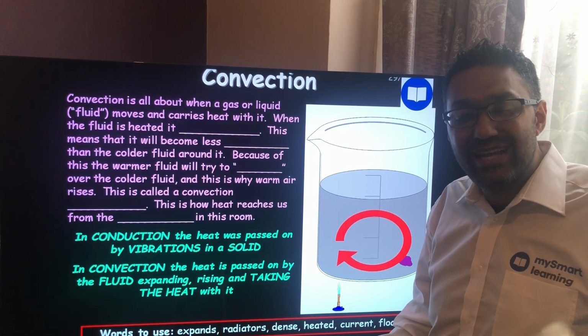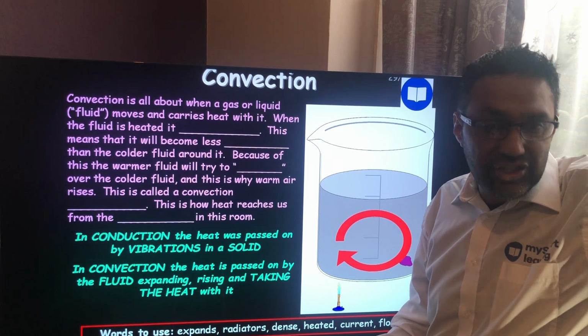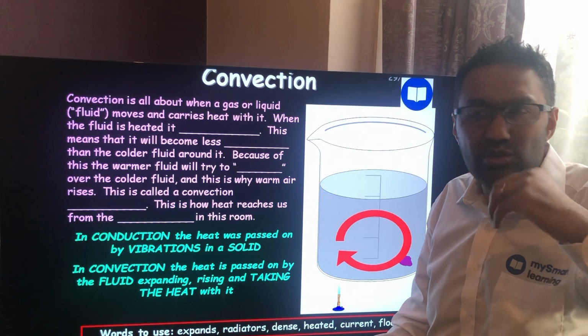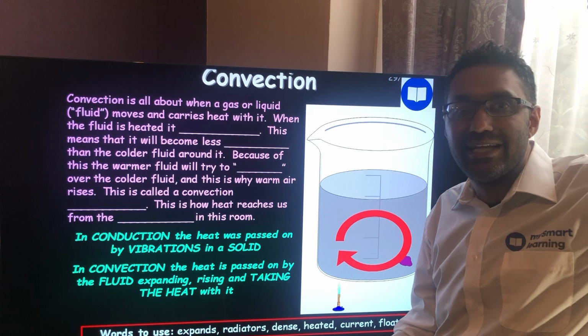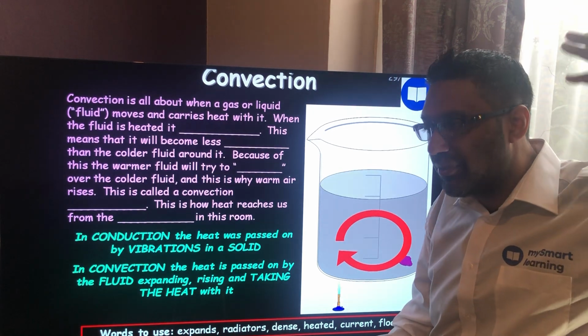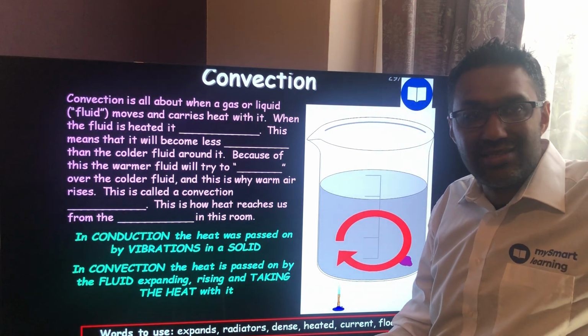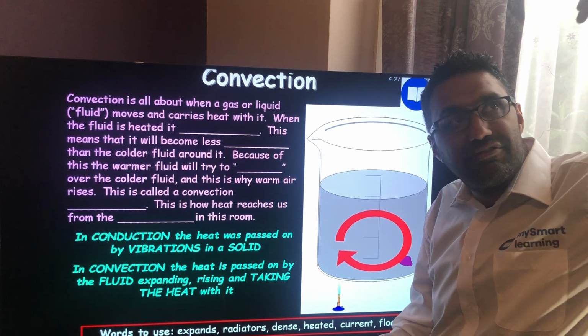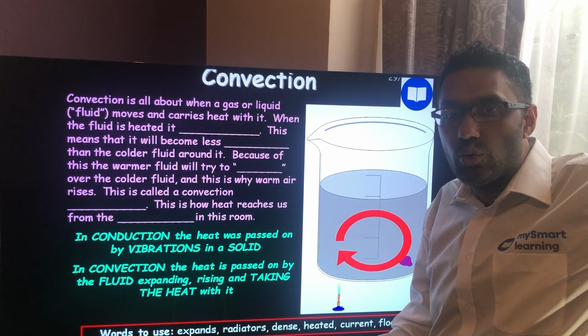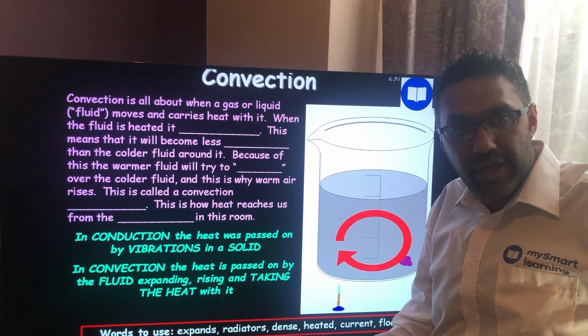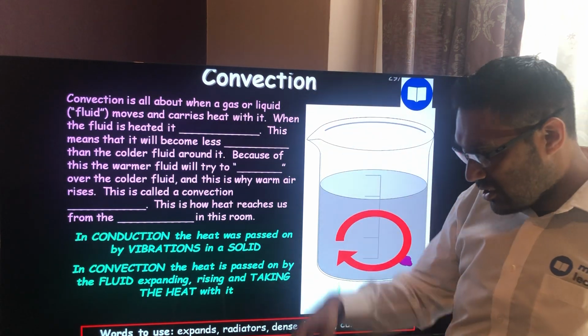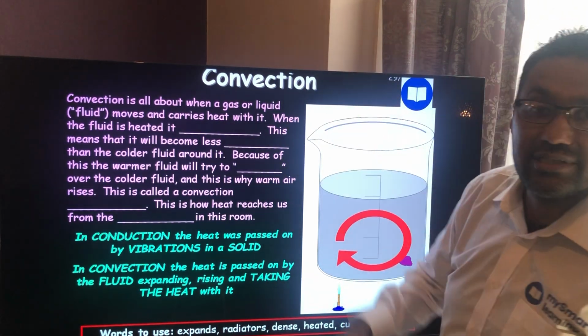So the warmest air at the beginning is at the top of the room. Eventually the whole room will fill up with warm air. So that's why having houses with very high ceilings, like here, is very energy inefficient, because by the time your room gets warm, you have to fill up half of the room at the top with warm air before the bottom gets warm. So it's kind of a waste of energy up there because there's nobody standing by the ceiling.